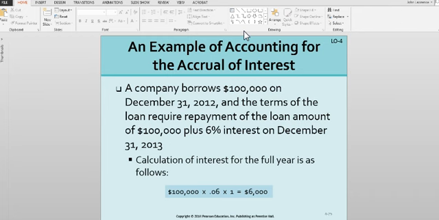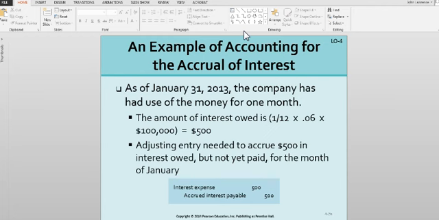The way to calculate interest is your principal times your rate times the amount of time that principal is outstanding. In this case, it's $100,000 times 6% times 1 year. There's $6,000 that you're going to pay in interest to borrow that $100,000. However, we need to record the expense of interest each month.